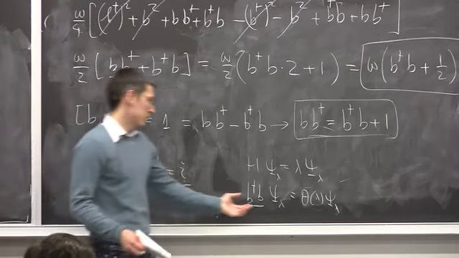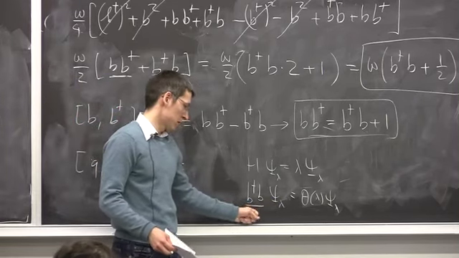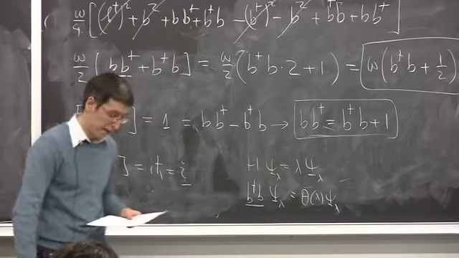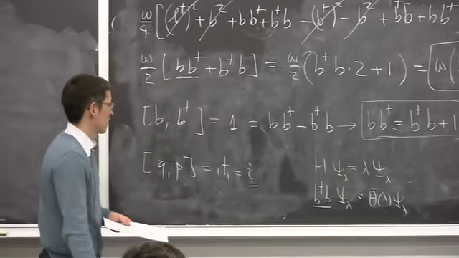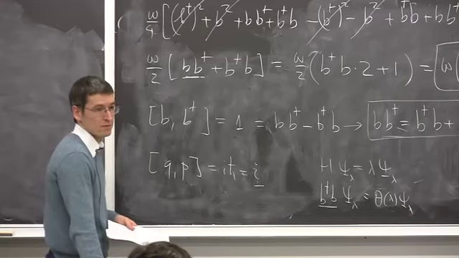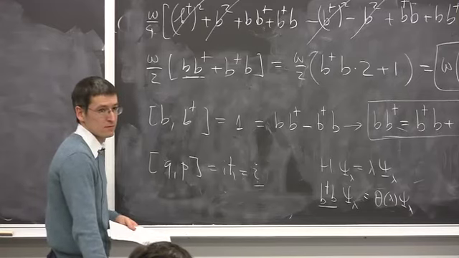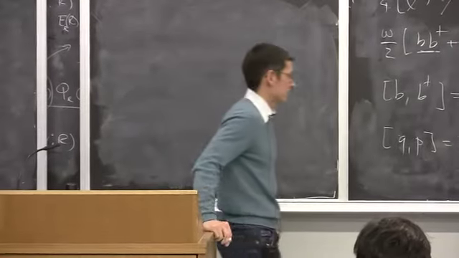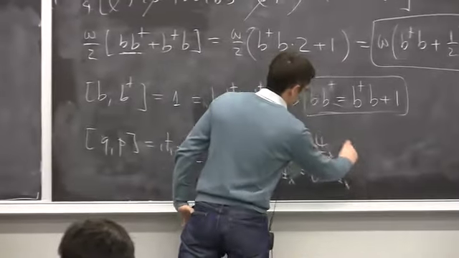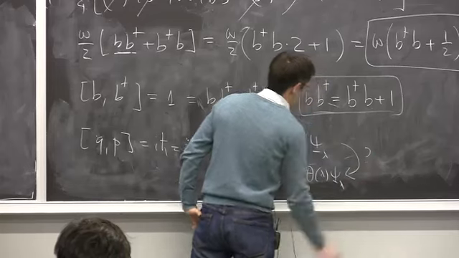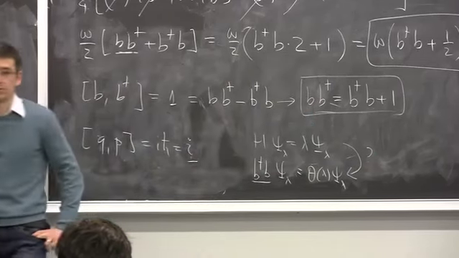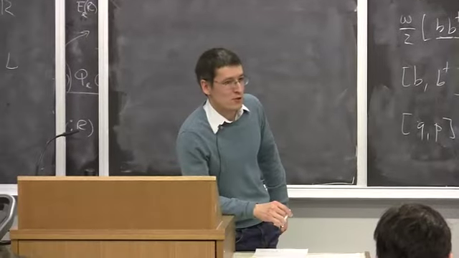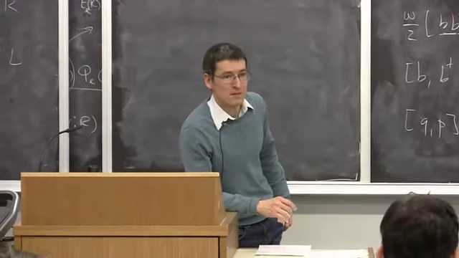But this function will also be an eigenfunction of b dagger b. Okay. Why is that? Is it obvious? By silence, I judge that it's not obvious.